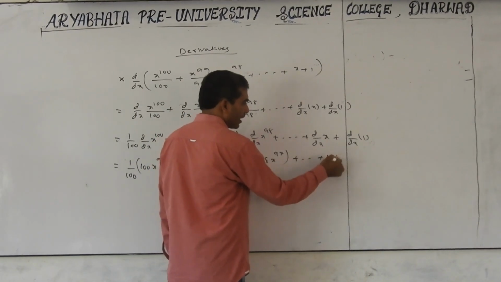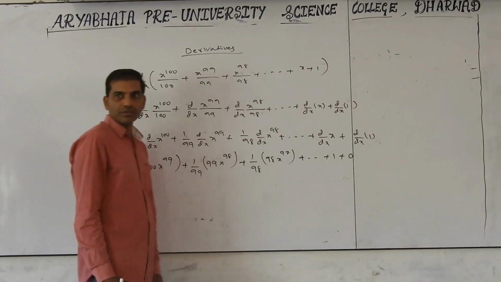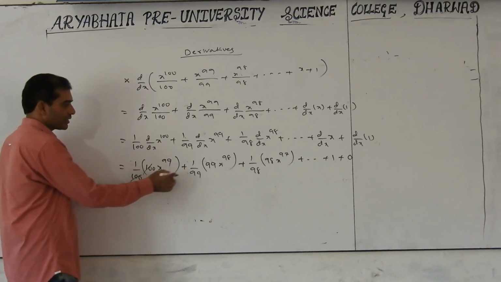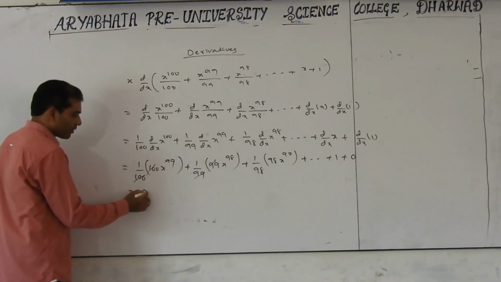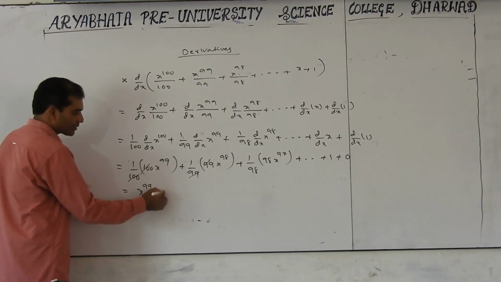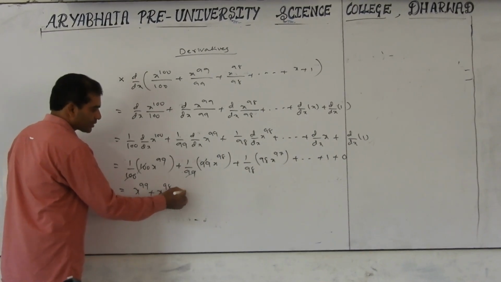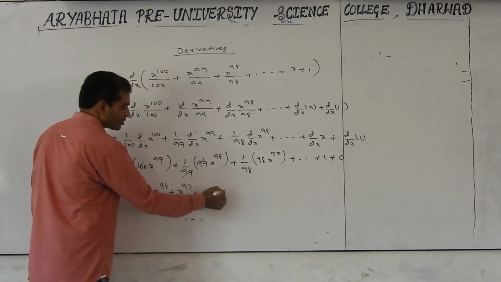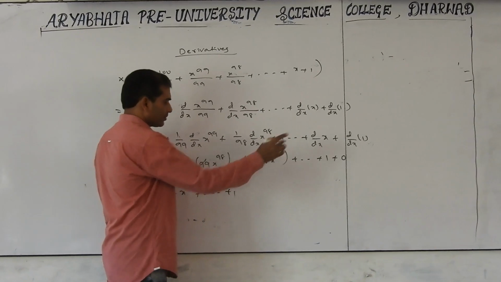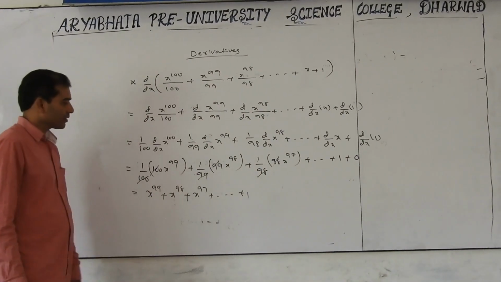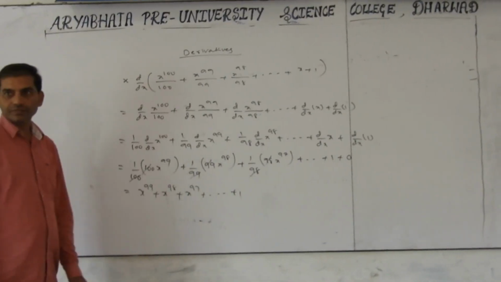The derivative of x is 1, plus the derivative of 1 is 0. These get cancelled. So we get x power 99 plus x power 98, x power 97, plus so on, plus 1. This is the differentiation of this.